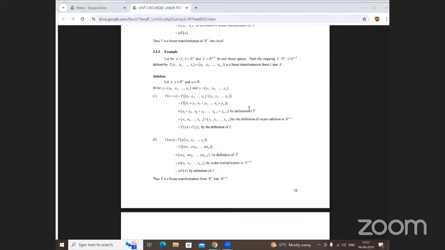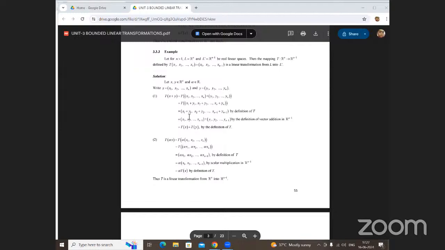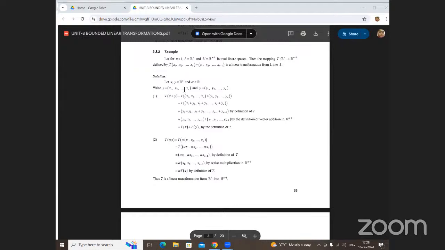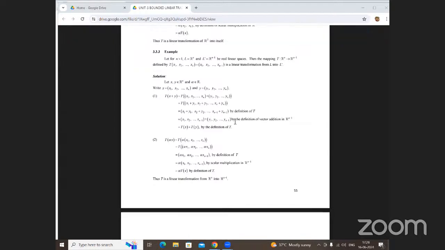By definition of T, this can also be written as x1, x2, and so on up to xn minus 1 plus y1, y2, and so on up to yn minus 1, by the definition of vector addition in R power n minus 1. This is equivalent to T of x plus T of y. So we have proved that T of x plus y equals T of x plus T of y. Similarly, we must prove that T of alpha x equals alpha times T of x.